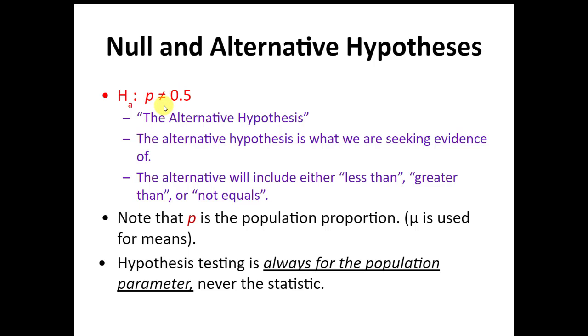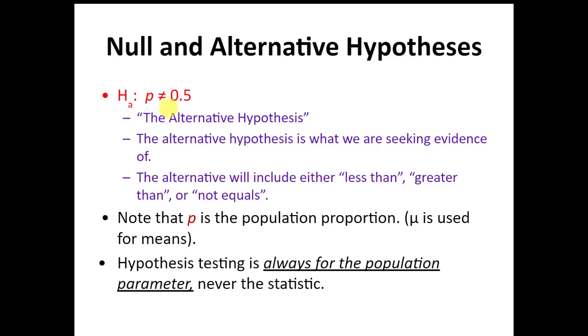If we were interested in looking to see if there had been a decrease somehow, either in the population proportion or the population mean, then instead of using not equal to, we would use the less than sign. If we were interested in studying an increase from the null hypothesis, then we would use the greater than sign.